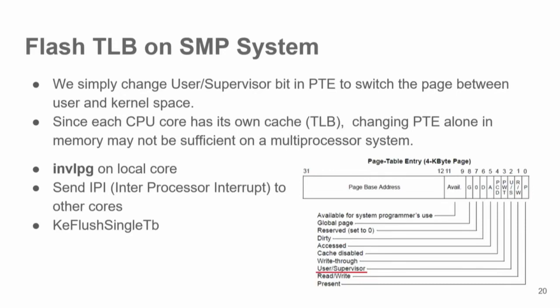On the local core, we just issue an instruction. But we also need to send an inter-processor interrupt to all other cores. But in this case, we took a shortcut. We just call a Windows internal function, that's KeFlushSingleTb, to do that for us, and it works.